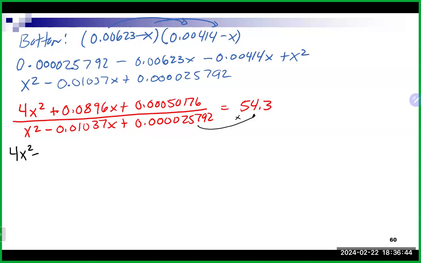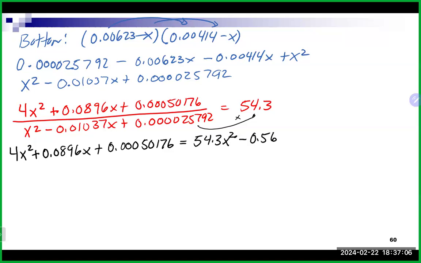So 4x squared plus 0.0896x plus 0.00050176 equals, so I'm going to multiply everything I got on the bottom to the other side, gives me 54.3x squared minus 0.56391x plus 0.0014005. And again, all I did is take what's on the bottom to the other side.